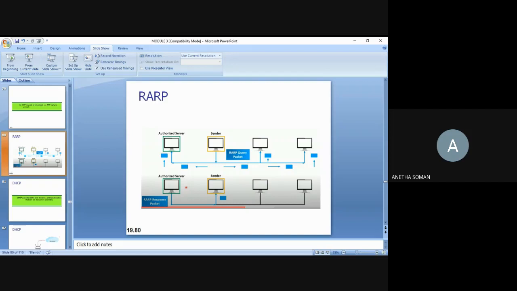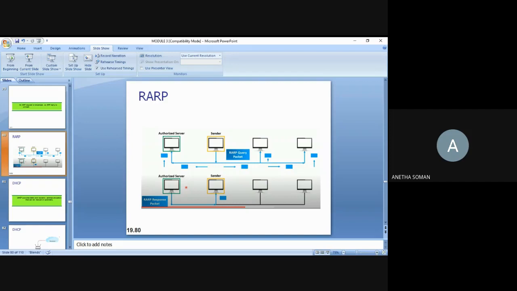Once it gets the IP address, it will store the IP address in its memory. So how does the RARP protocol work? Imagine initially the sender does not know its IP address. So it will broadcast a query packet, or a request packet, to all the hosts connected to the network, and the packet contains only the physical address of the sender.